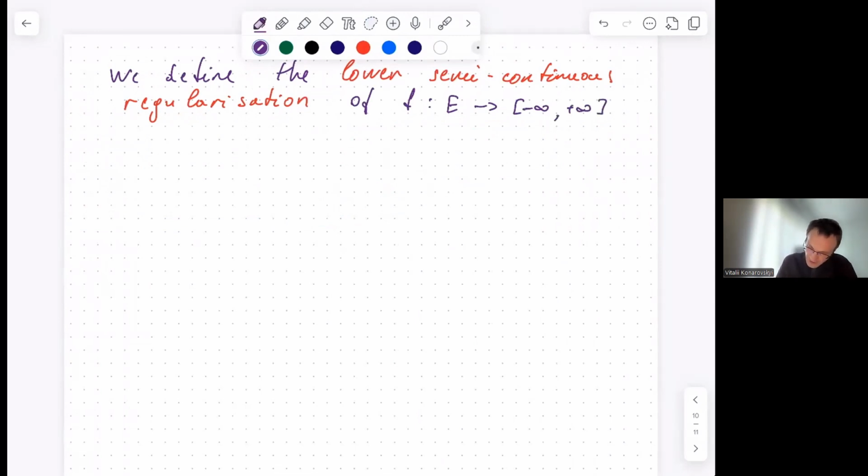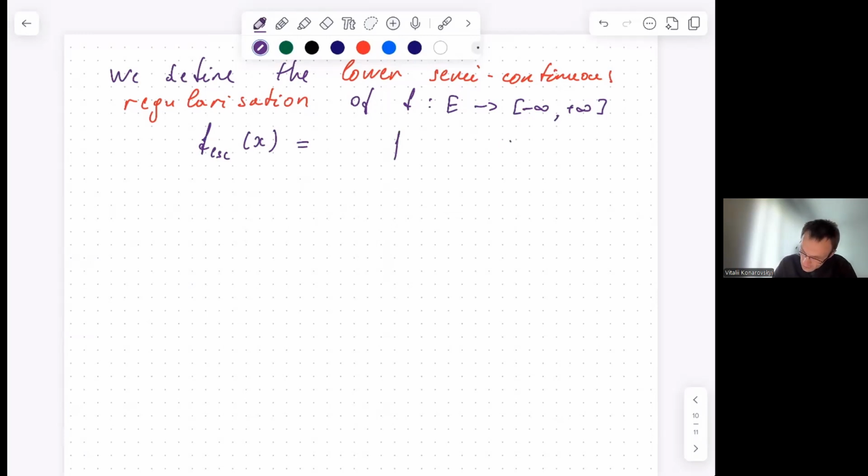And we define that regularization as follows. We will denote it by f lower semi-continuous regularization of x. You fix the point x.